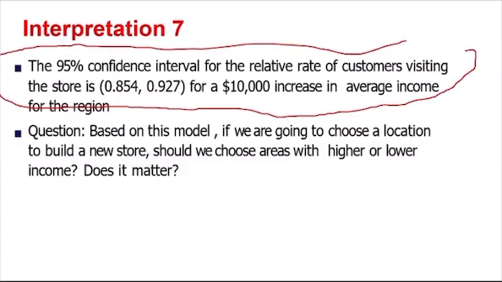Some of you may be wondering why the number of customers visiting will actually drop, even though there is an increase in income. The economists will explain that better, because at times when there's an increase in income, you may try to change your lane.